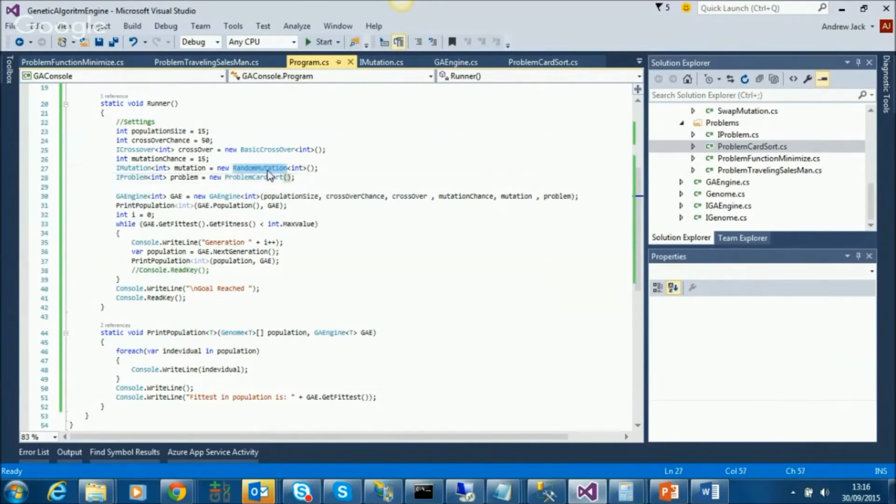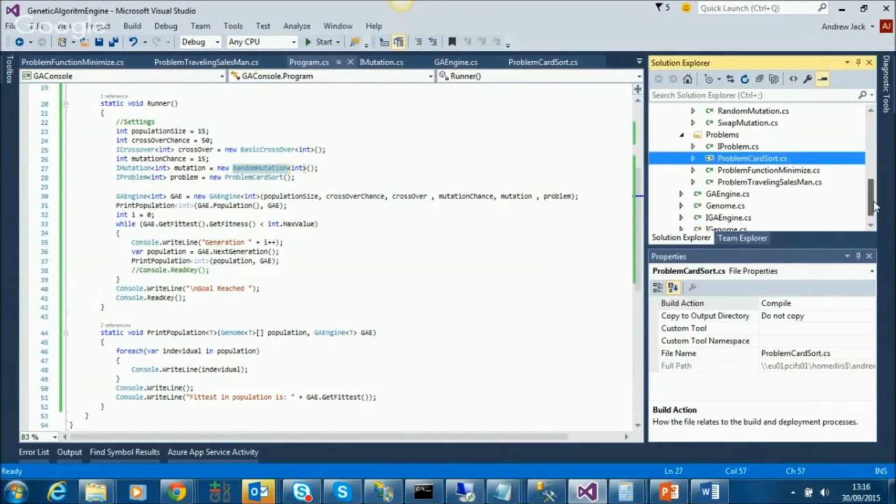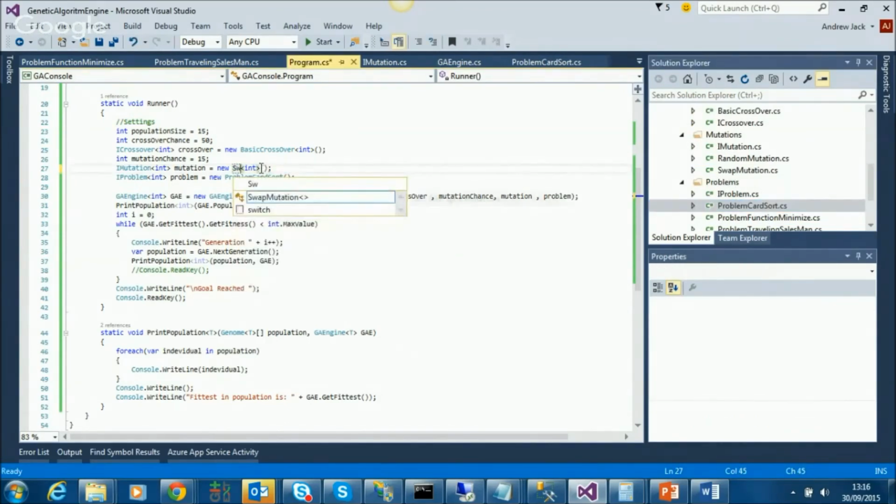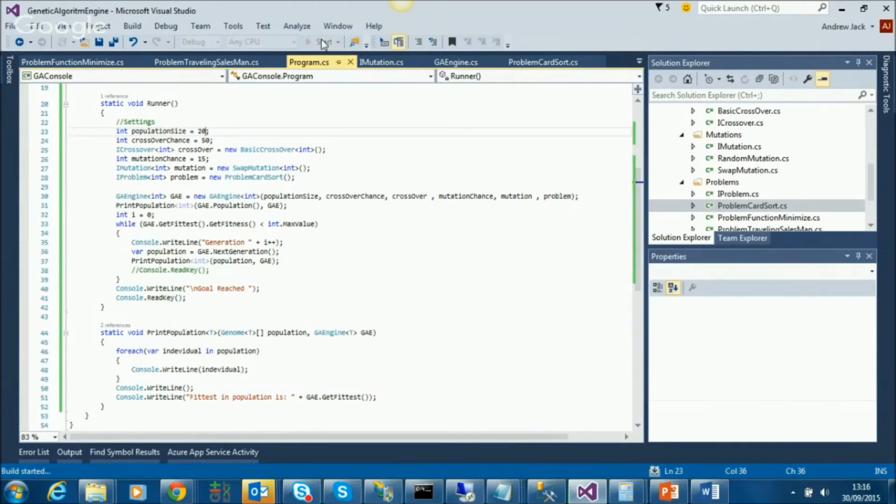First thing we could do is, instead of using a random mutation, we could change our mutation to be a swap mutation. That's going to swap two genes instead of randomly mutating them. And then we're going to change the population size, let's try a population size of 20. And let's run it again and see if we can find a solution.